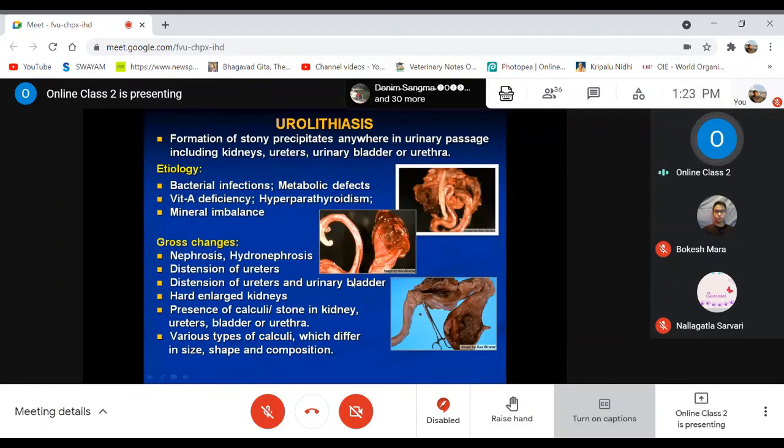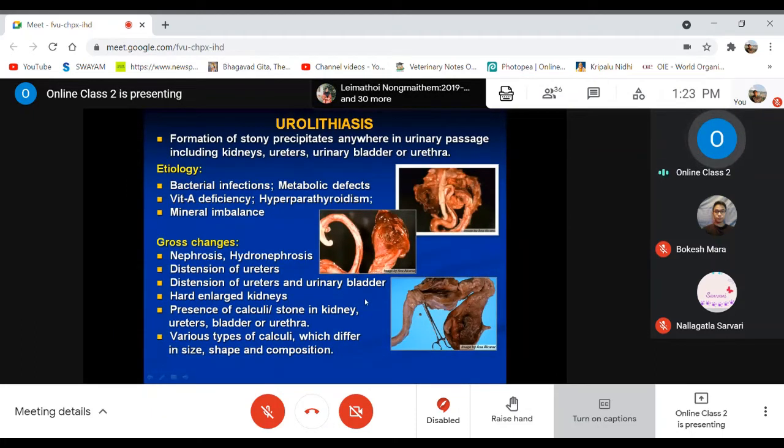Okay, and hydronephrosis is particularly in the renal pelvis, at the starting point of the ureter, when it is much dilated, as we discussed in the last class regarding hydronephrosis.